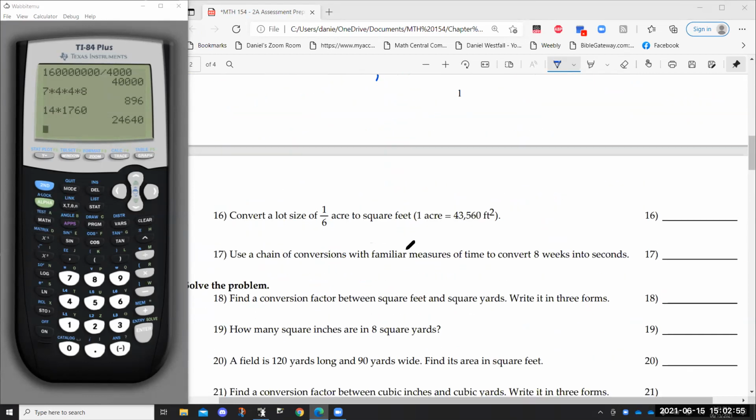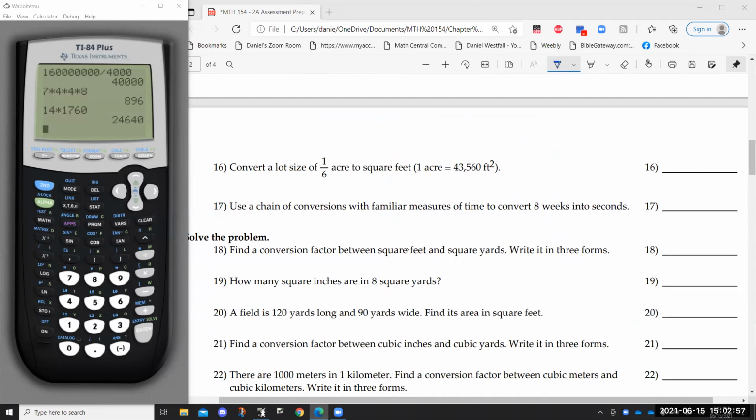All right. Convert a lot. A lot is a piece of land the size of 1/6 of an acre to square feet. And they tell us again that an acre is 43,560 square feet. Again, I'm lining it up so that the acres cancel.